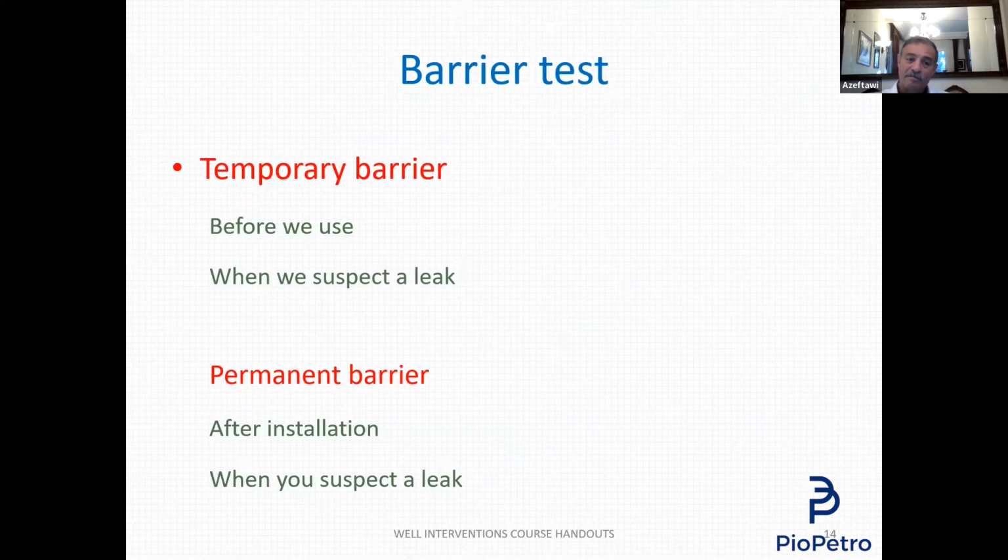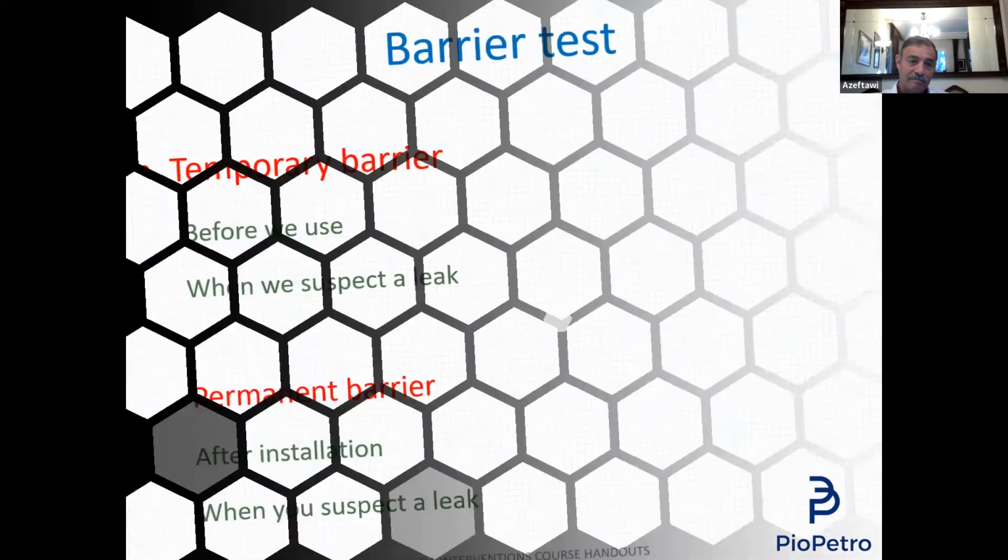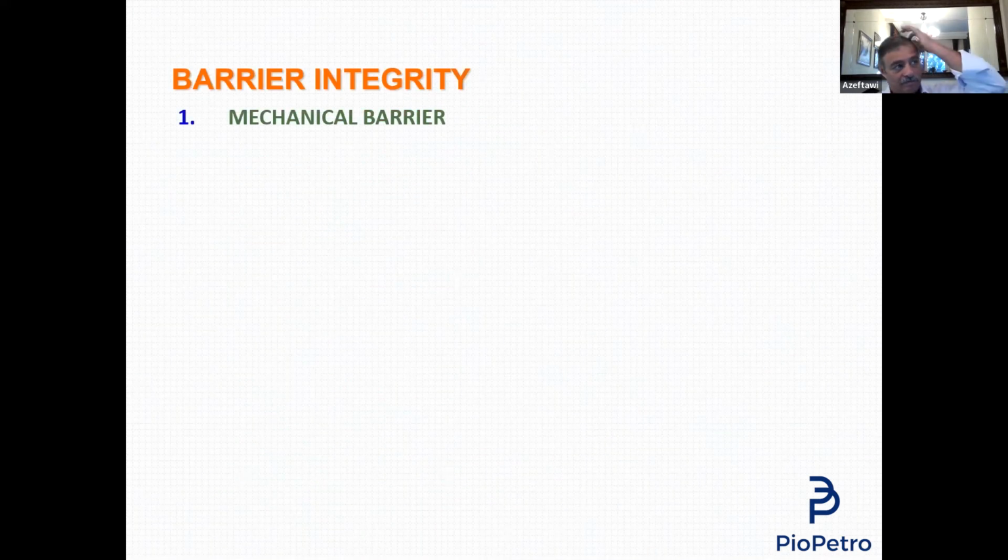Now, how is it the barrier? We are using our line plug as a barrier. We put this plug deep in the well, at 6,000 feet for example. We need to test it.